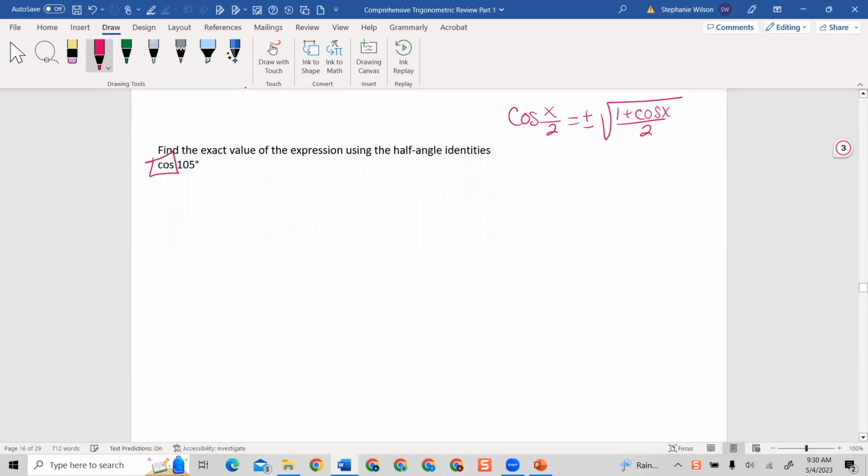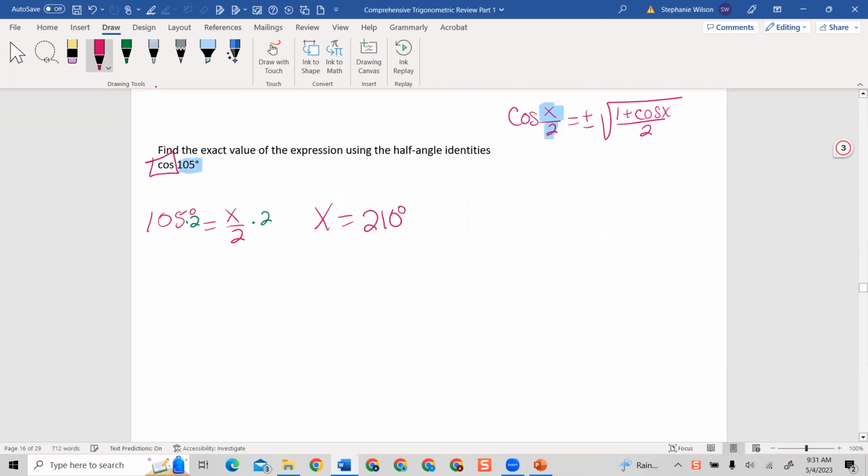So what we need to do now is figure out what is x, right? We gotta clean this part up first. So I'm gonna take the 105 degrees, set it equal to x over 2, solve for x. That means I need to multiply both sides by 2 to undo that fraction. So now I have x is equal to 210 degrees.